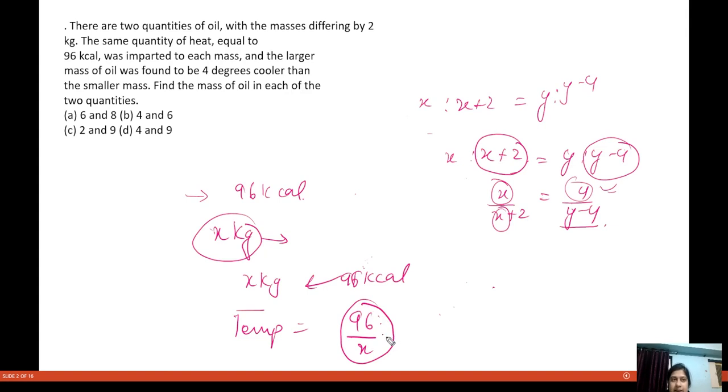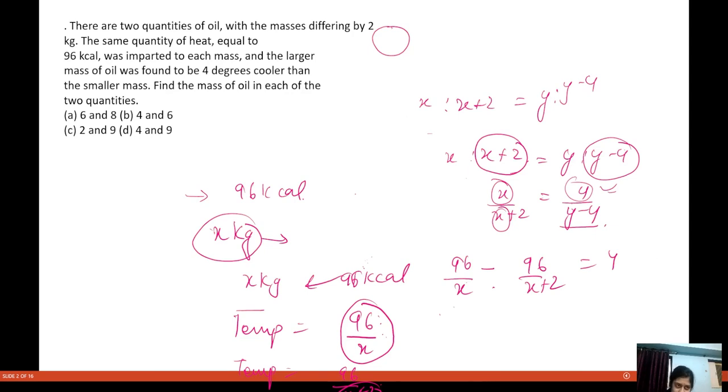Now the higher mass gives you temperature 96 divided by x plus 2, and so 96 by x minus 96 by x plus 2 is equal to 4. Now we can obviously solve this.